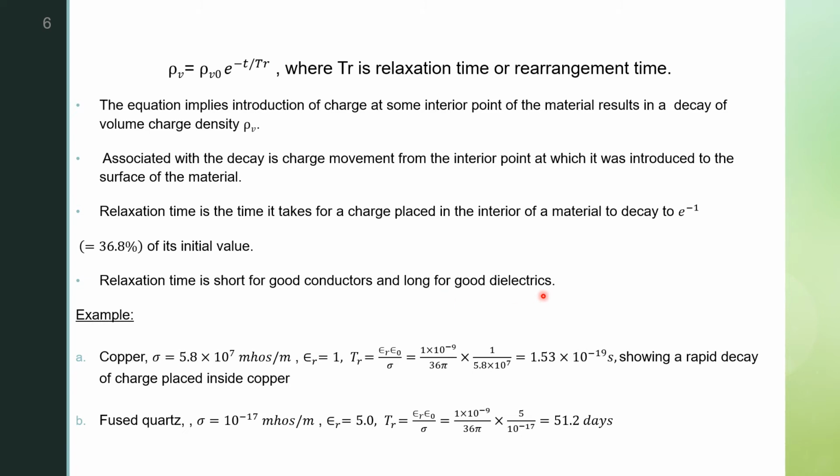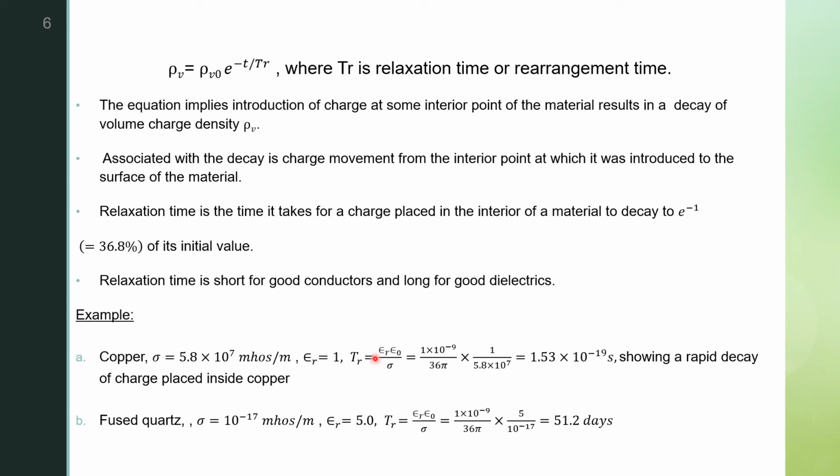So let's consider two examples. Let's consider two cases: copper, which is a case for a good conductor, and fused quartz. For copper, the value of sigma is equal to 5.8 into 10 raised to 7 mhos per meter. Epsilon r is equal to 1. And we know the expression for relaxation time TR is equal to epsilon by sigma.